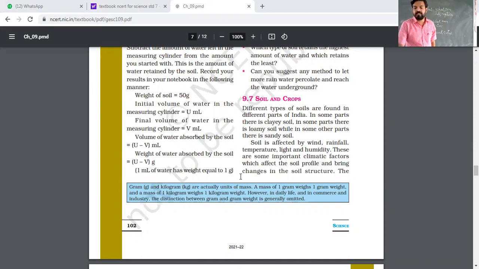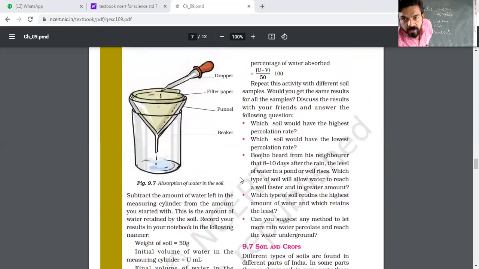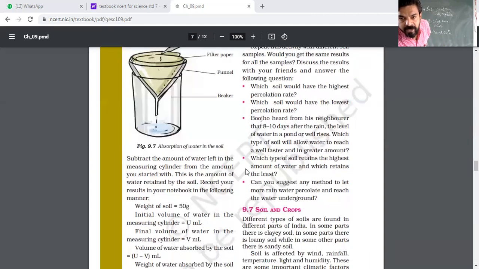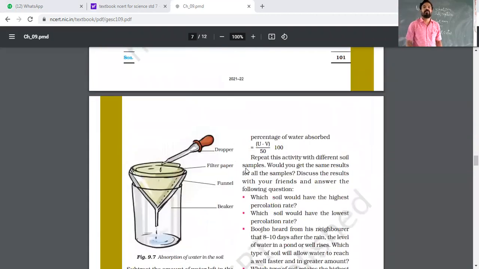So we find exactly how many ml is absorbed, or how much the soil has the capacity to absorb. Then after doing all these things, you will find the percentage, that this much percentage of the water is absorbed by the soil.